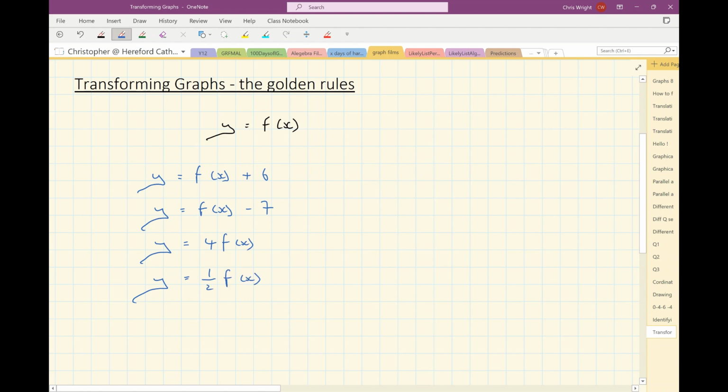All of those changes are changes outside the bracket. And so all of these changes will be a change to the y coordinate. The graph will be altering up or down. The change will be vertical. The change is a change to the y coordinate.